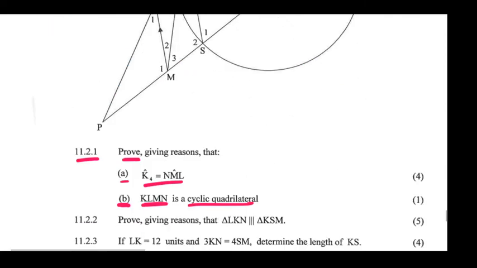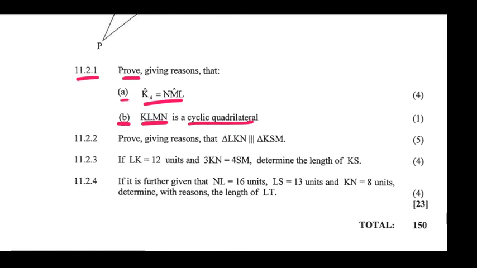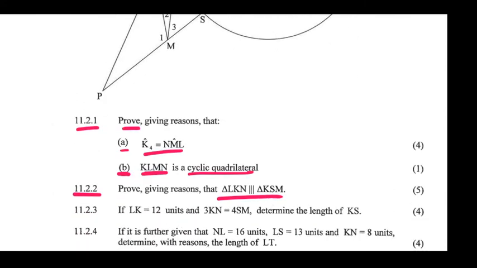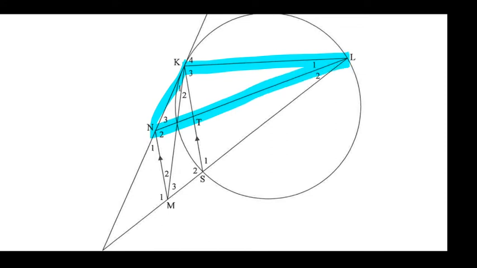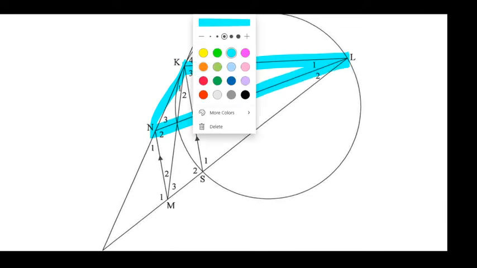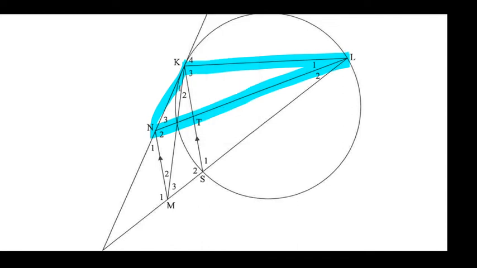Erase here. So now let's go down to 11.2.2. Give with reasons that triangle LKN is similar to triangle KSM. Let me just highlight these triangles. So we have triangle LKN, this one here, and then we have another one which I'm going to indicate with the orange.